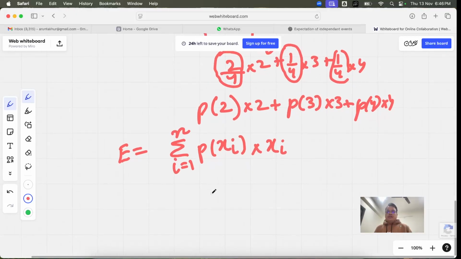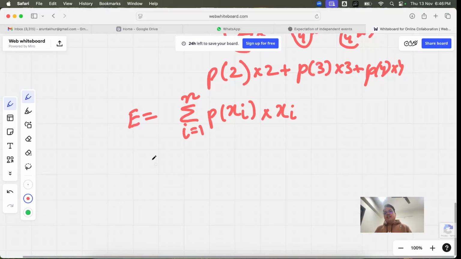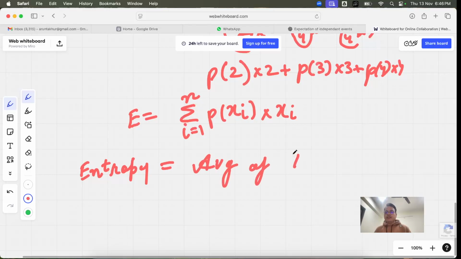So what is entropy then? In short, entropy is an average of information.